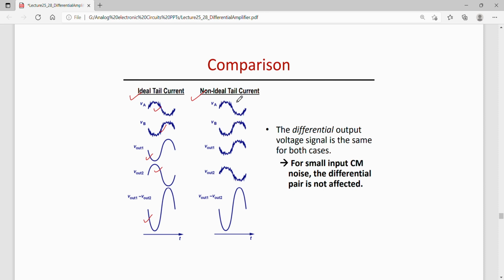Similarly, for a non-ideal tail current, if both the inputs are corrupted by noise, the single-ended outputs are also corrupted by noise, but the differential output is free from any noise, that is, the differential pair is not affected by a small input common mode noise. Okay. So for small input common mode noise, this differential pair is not affected, output is not affected.